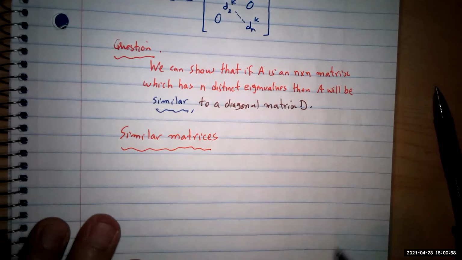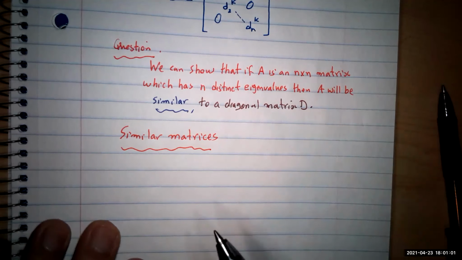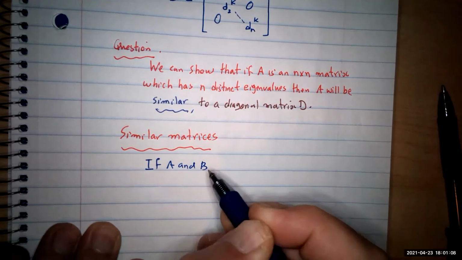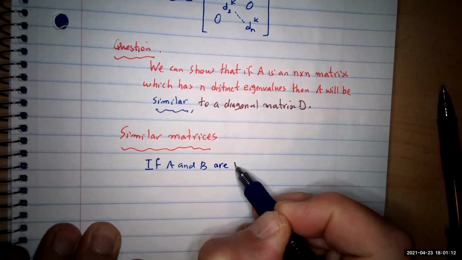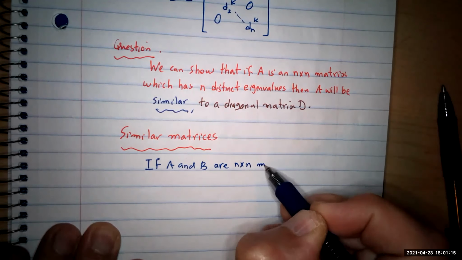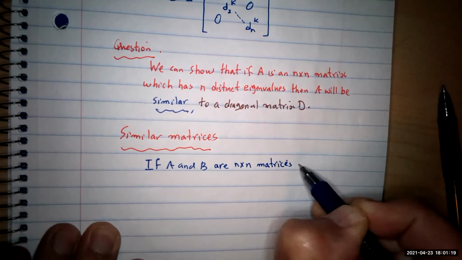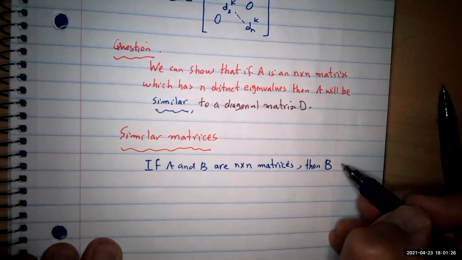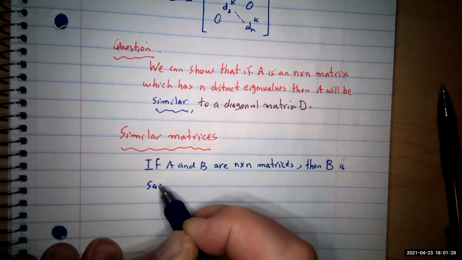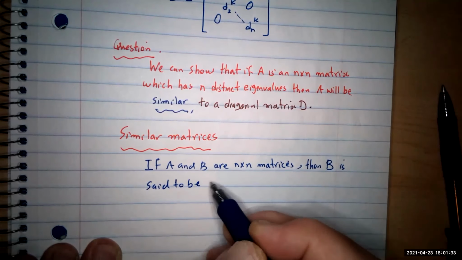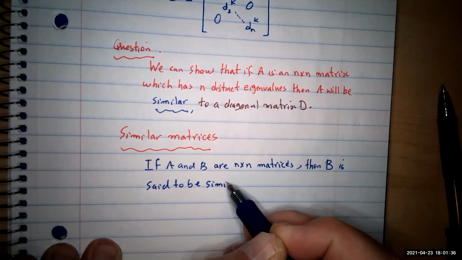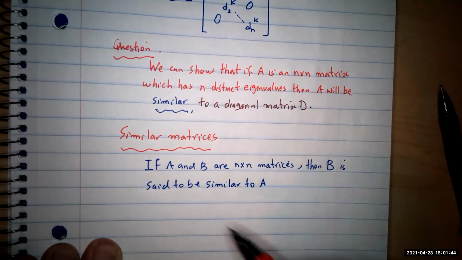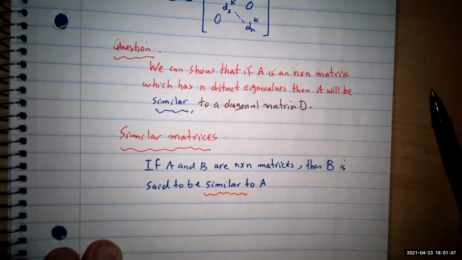Now, if A and B are square matrices, n by n matrices, then matrix B is said to be similar to A. B is similar to A if this condition is satisfied.